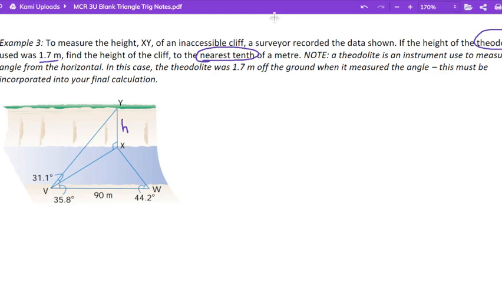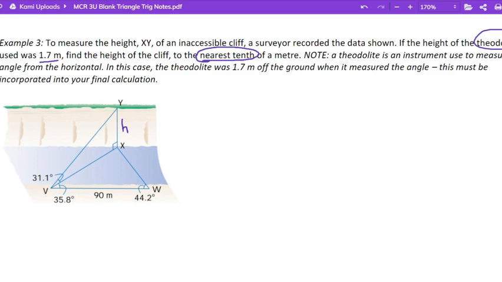All right. Who's heard of a theodolite? Think of it this way: it's an instrument on a tripod that someone uses to measure the angle between 2 places.